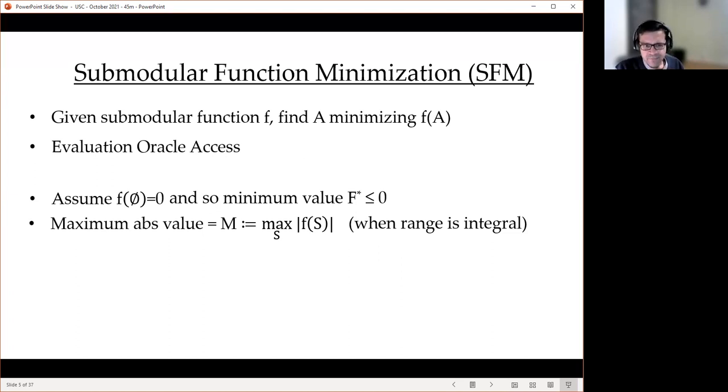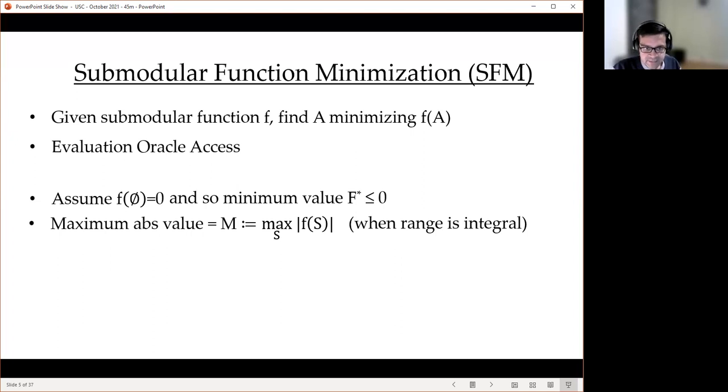I'm going to use capital M, although we'll really not use it for most of the talk, to denote the maximum absolute value of this function when the range is integral. I say when the range is integral because I can multiply the function by any value and it still remains submodular, so M is only well defined if we have a granularity.